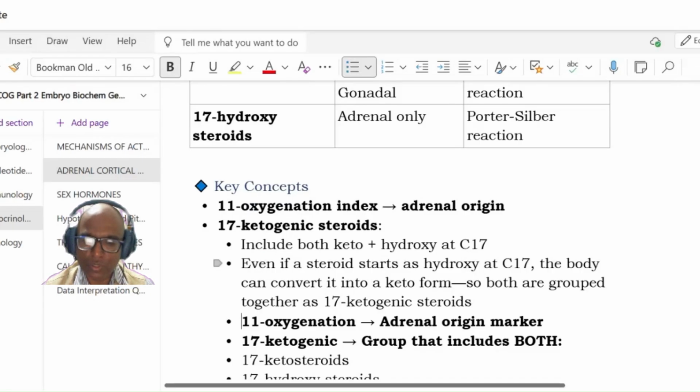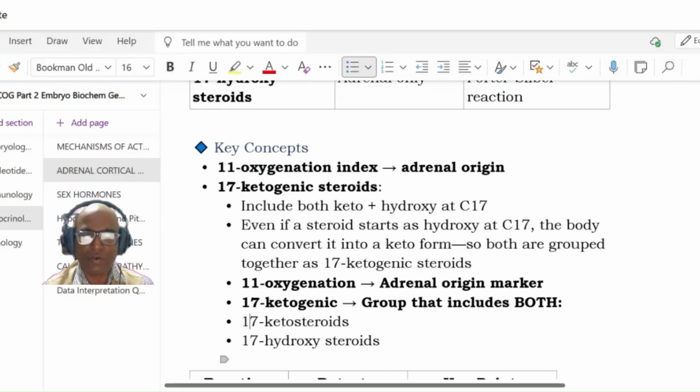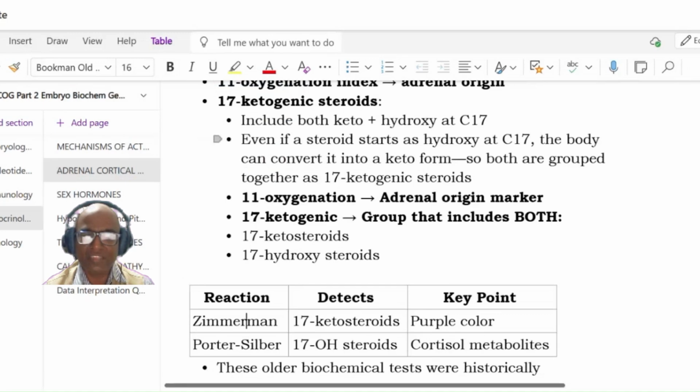They have ketone groups, or it may be a hydroxyl group, but the body can convert it into a ketone group. That is why they are called ketogenic steroids. So 11 oxygenation is an adrenal origin marker, and the 17 ketogenic group includes both 17 ketosteroids as well as 17 hydroxysteroids. This much detail they may not ask you, because these are older things, and may not be expected at your level.